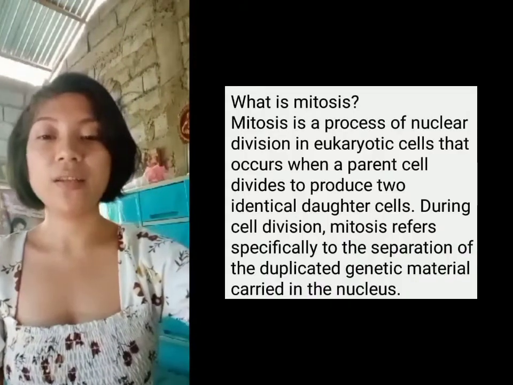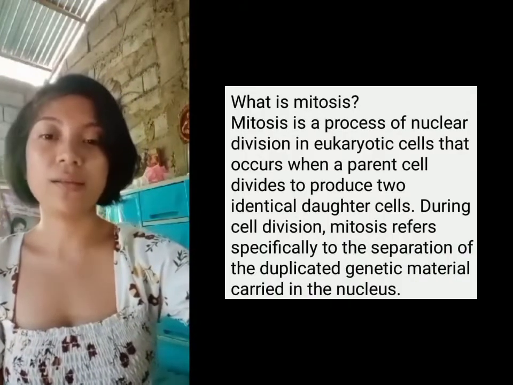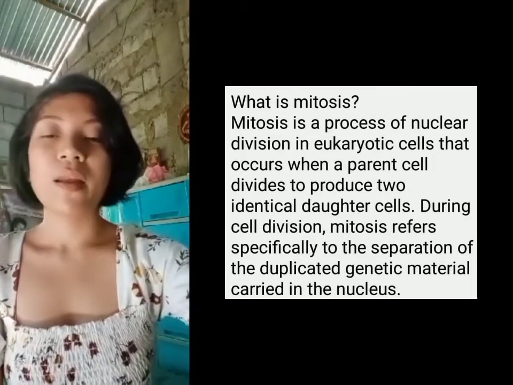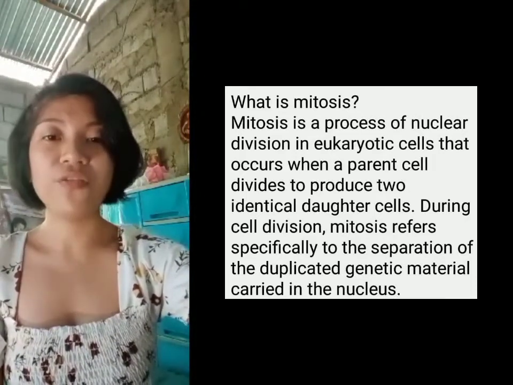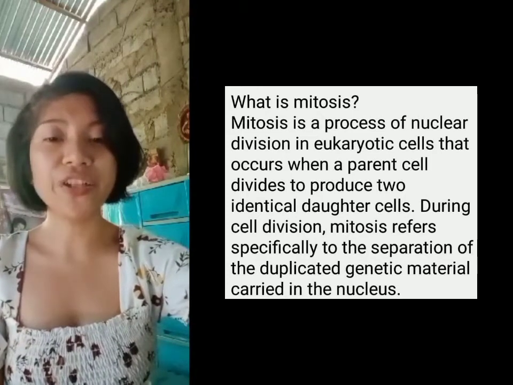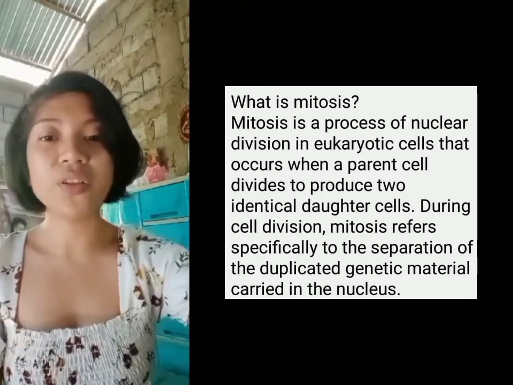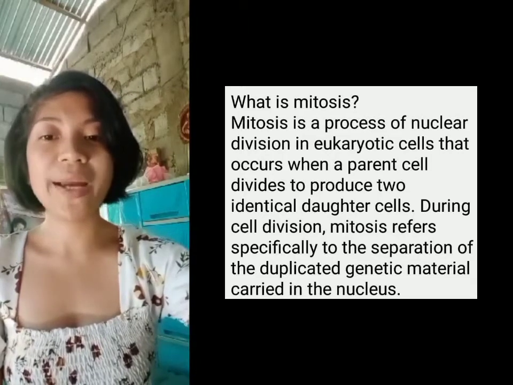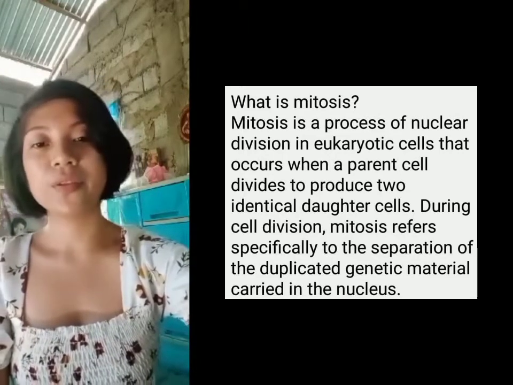So, our topic for today is to talk about mitosis. What is mitosis? Mitosis is a process of nuclear division in eukaryotic cells that occurs when a parent cell divides to produce two identical daughter cells.